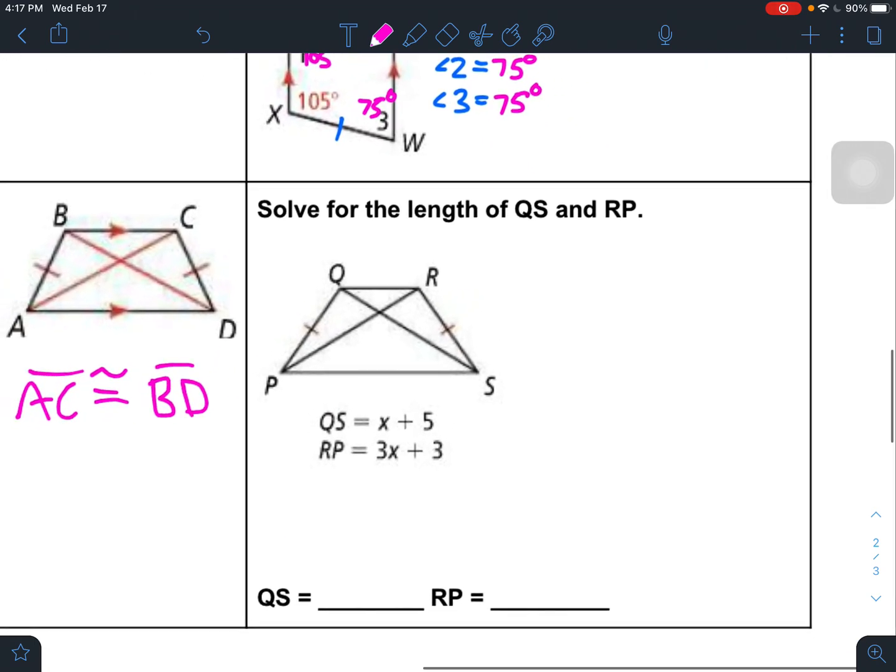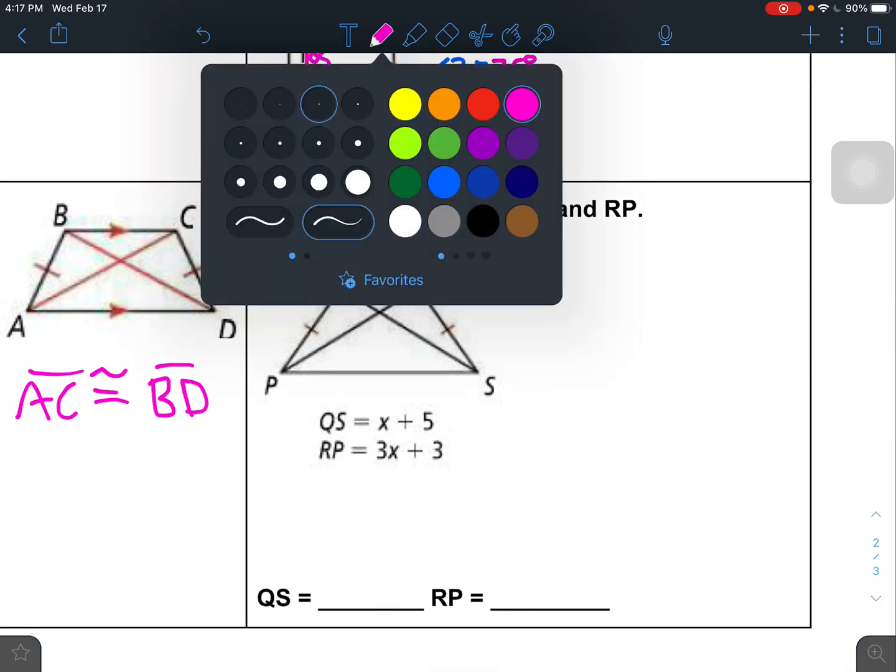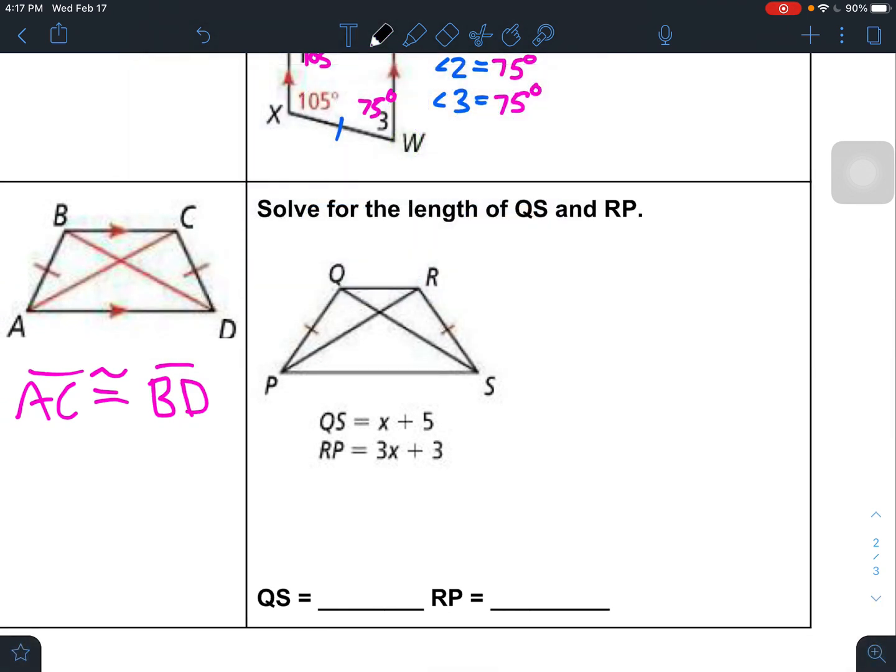So solve for the length of QS and RP. That means that QS is congruent to RP due to it being an isosceles trapezoid. So QS equals RP.